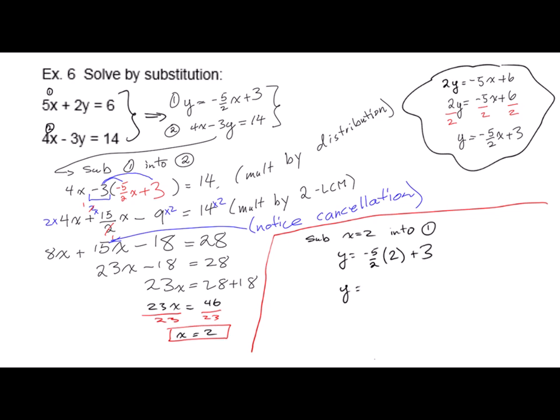So we end up with y is equal to, well, canceling, you end up with negative 5 plus 3, which is negative 2.